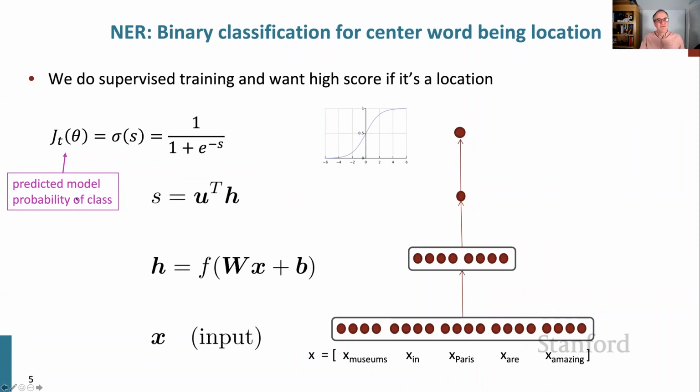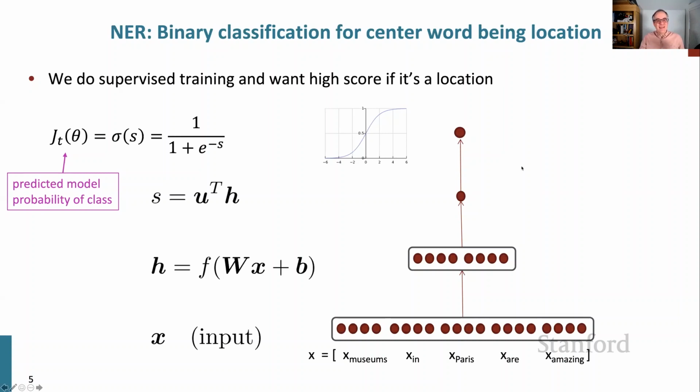So its output is the predicted probability of the word belonging to a particular class. And so this could be our location classifier, which could classify each word in a window as to what the probability is that it's a location word. And so this little neural network here is the neural network I'm going to use today when going through some of the math.